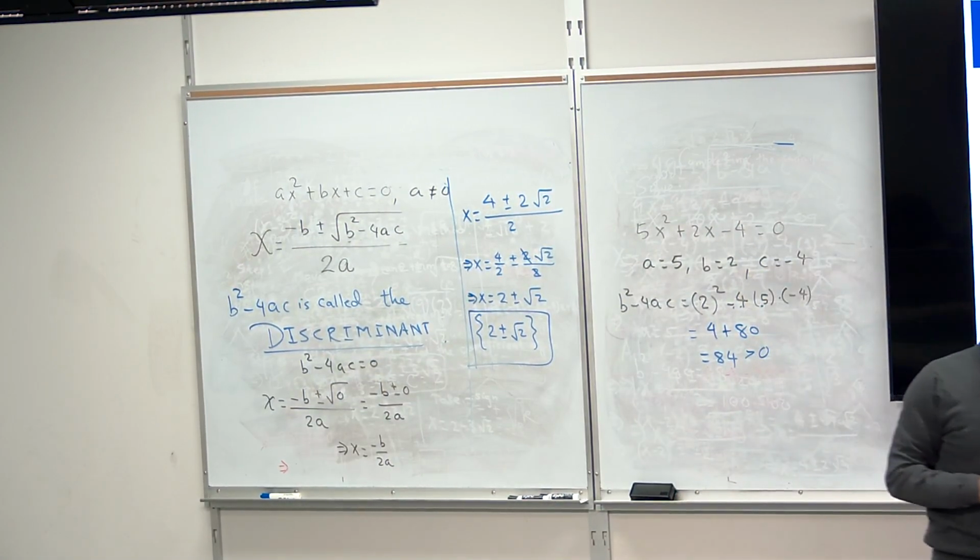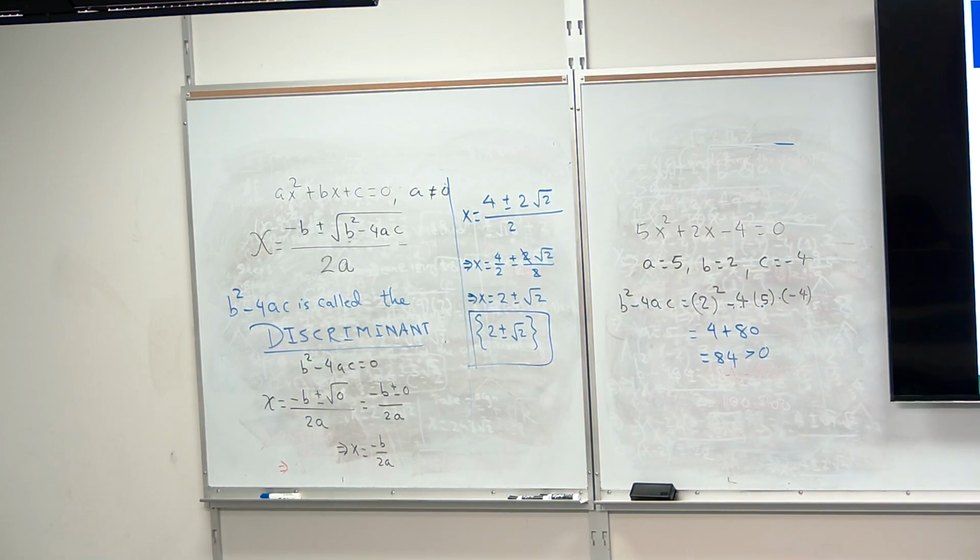If the discriminant is positive and not a perfect square, at that time we'll also have 2 solutions, and the nature of the solution will be irrational. If the discriminant is negative, at that time we'll also have 2 solutions, but the solution is non-real complex.